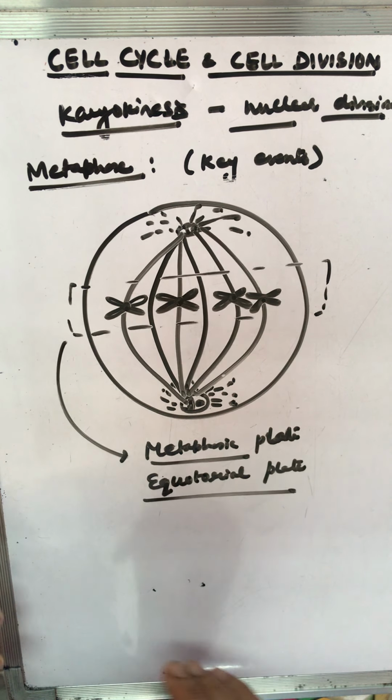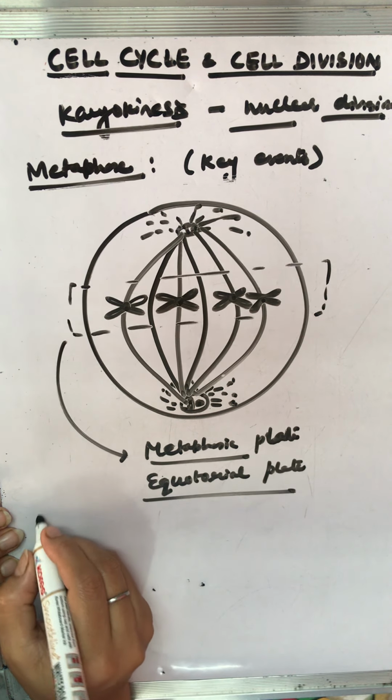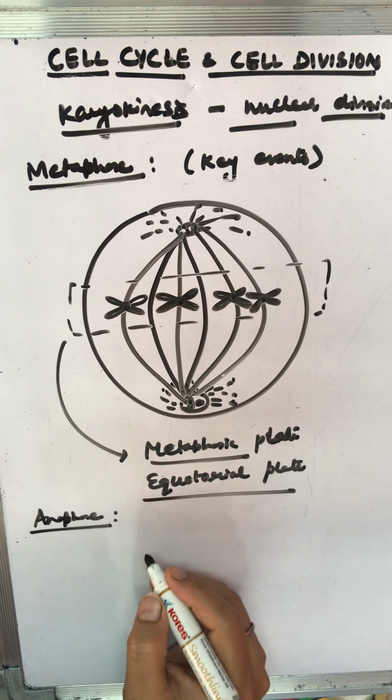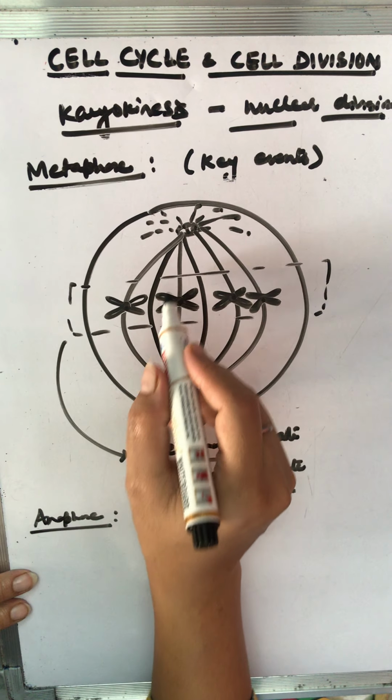Clear? Moving to the third stage, the anaphase stage. In this anaphase stage, now the spindle fiber breaks.